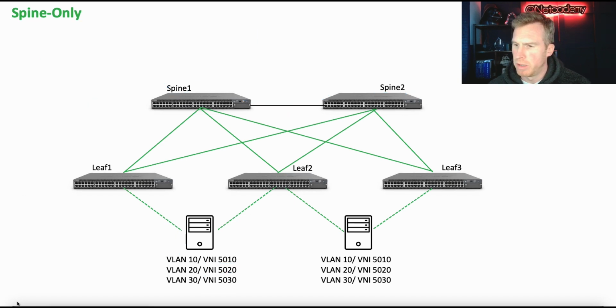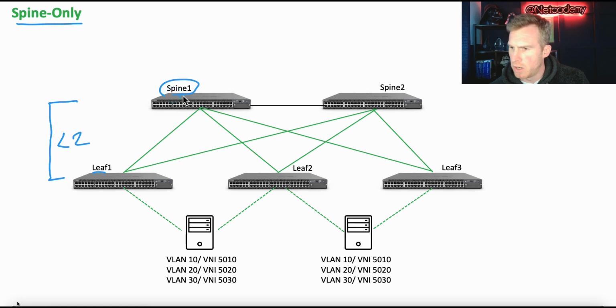Why is that? The reason is that if we look at this section between the leaf devices and up to the spine, all of this is layer 2. There is really no underlay when it's referring to spine only, because the routing is actually taking place on the spine devices themselves.